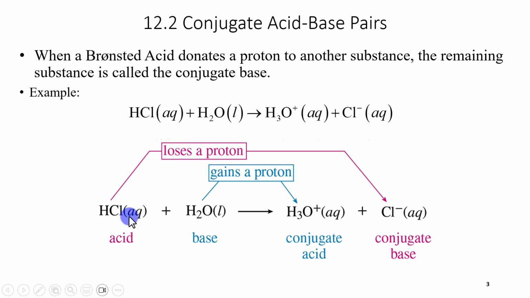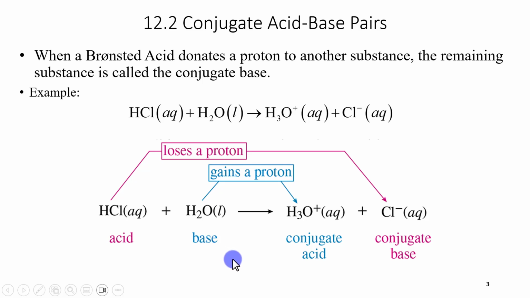Here's what it looks like as a schematic. This is my acid because it loses that proton and gives it to the water. What's left over is the conjugate base of that acid, Cl minus. Water acts as a Bronsted base because it accepts that proton from HCl. What is formed after the gaining of the proton, H3O plus, is the conjugate acid of my base.